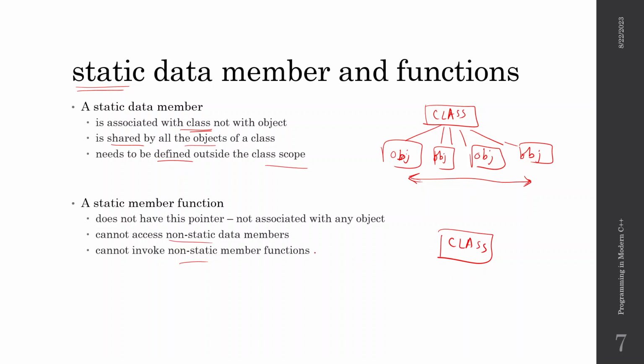It also cannot invoke any non-static member functions. You may ask what is the use of such a member function. It is just for convenience sake. Sometimes there might be a function which logically belongs to the class, but it is not associated with any object.